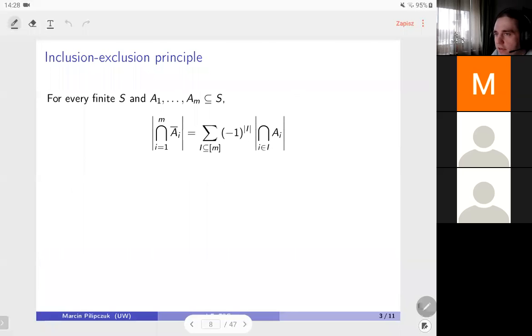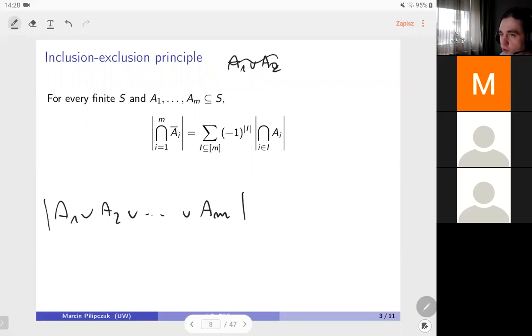And the key here is the inclusion-exclusion principle that you probably know from discrete math and have seen before. This is a very concise way of writing it. The way you are probably used to is that if you want to count the number of elements in a union of a few sets, you can look at all the sets.